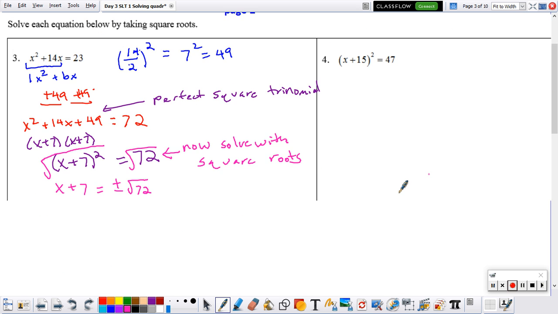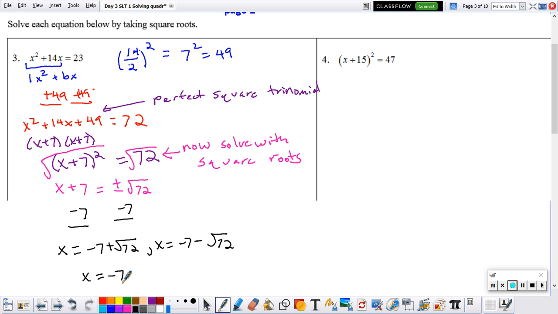And now all that's left to do is subtract 7 from both sides, and I really have two solutions here. I have x equals negative 7 plus the square root of 72, and I also have x equals negative 7 minus the square root of 72. But mathematicians are efficient people, so they're just going to write x equals negative 7 plus or minus the square root of 72.